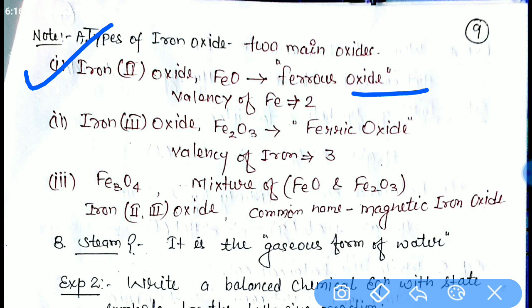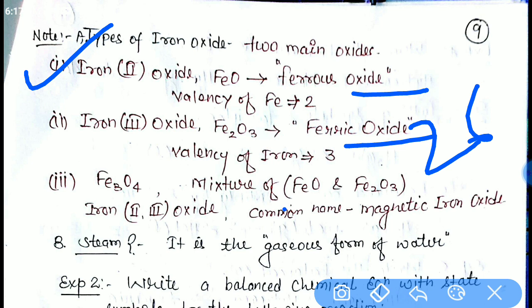Here the valency of iron is 2 and the atomic number of iron is 26. Now iron third oxide, and its formula is Fe2O3, which is known as ferric oxide. Here the valency of iron remains 3, and the last one is Fe3O4.